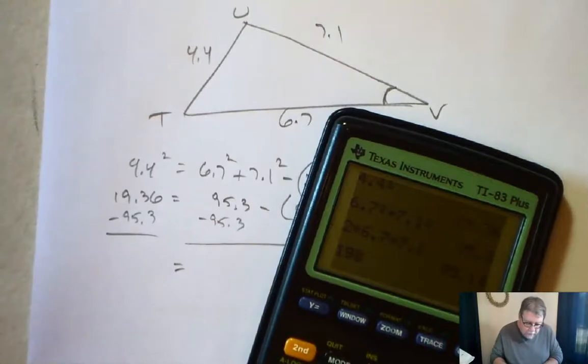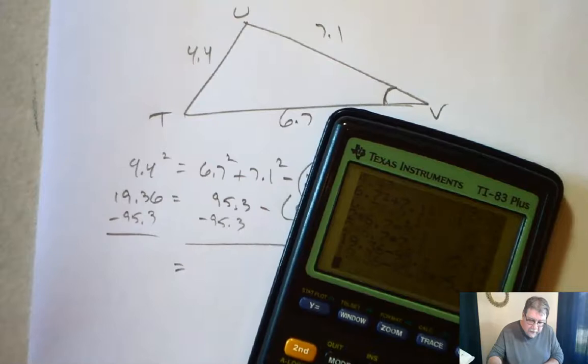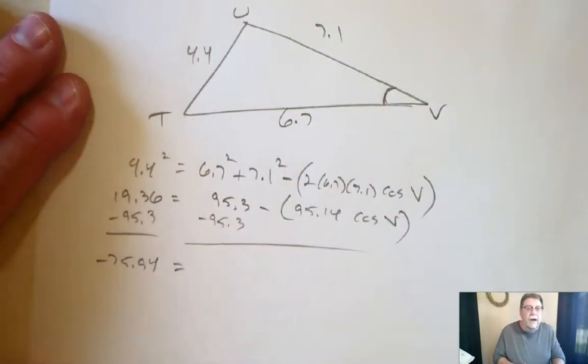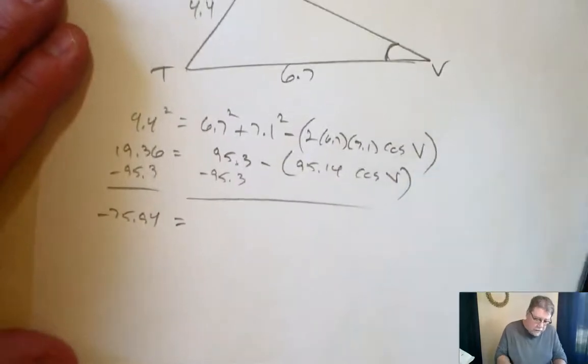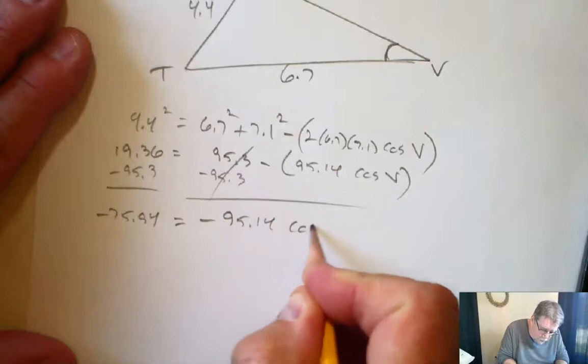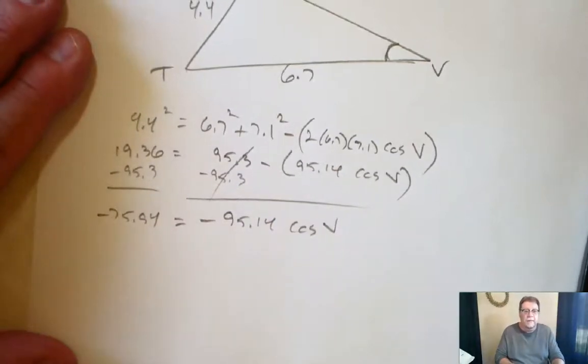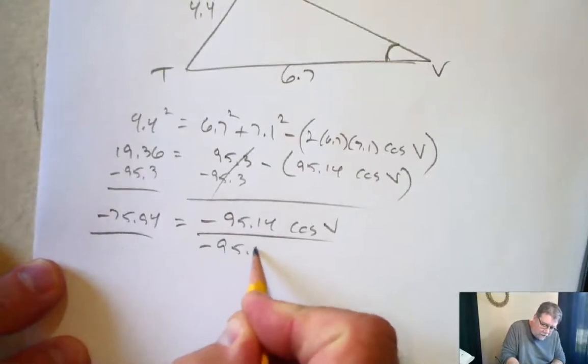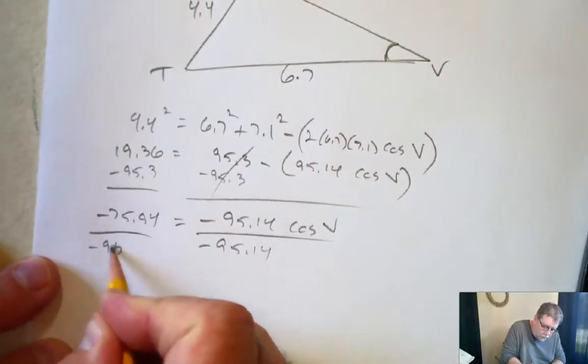So 19.36 minus 95.3 is negative 75.94. And that's going to cancel that, minus 95.14 cosine V. Next thing I need to do is divide by negative 95.14.